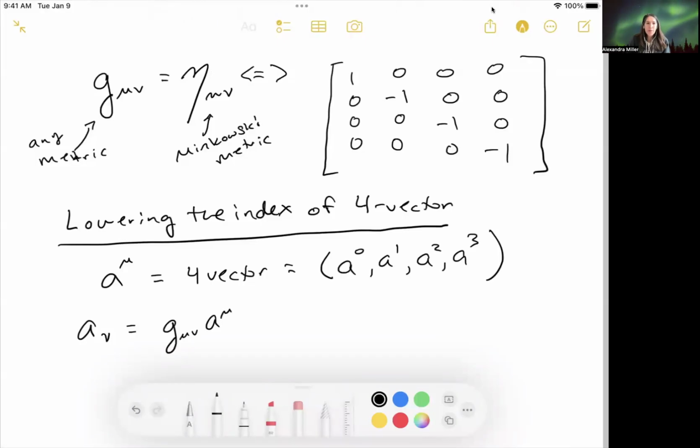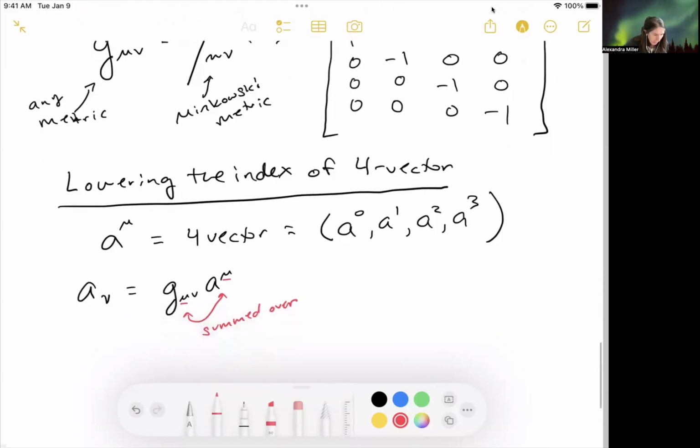So that we have our mu's, which are said to be contracted, they're our repeated index, and we're left with a nu on the bottom. So these are summed over. We'll learn soon that they're referred to as bound indices, that's another term for the ones that are summed over. And then we're left with the nu on the bottom.